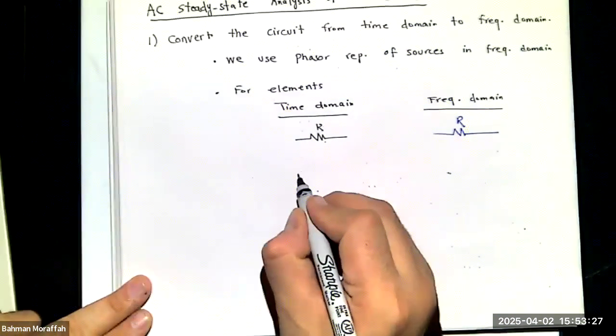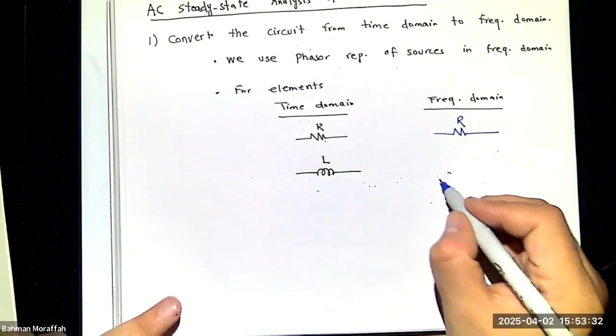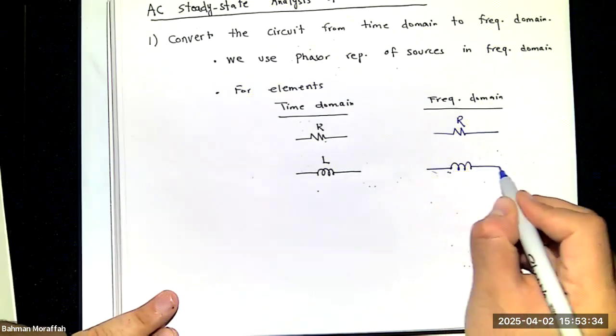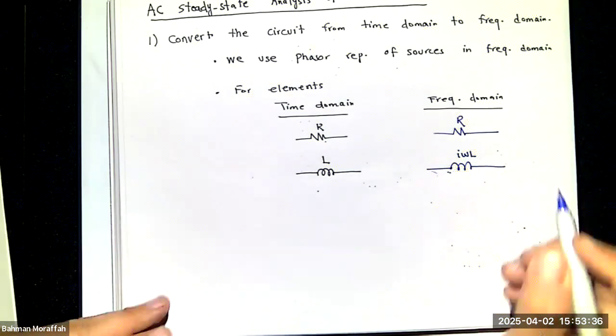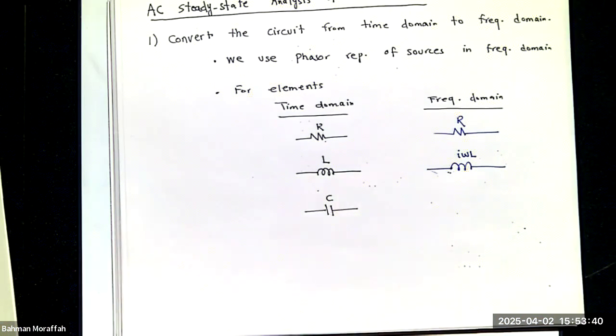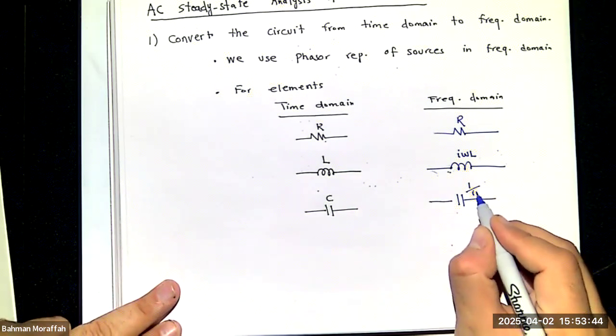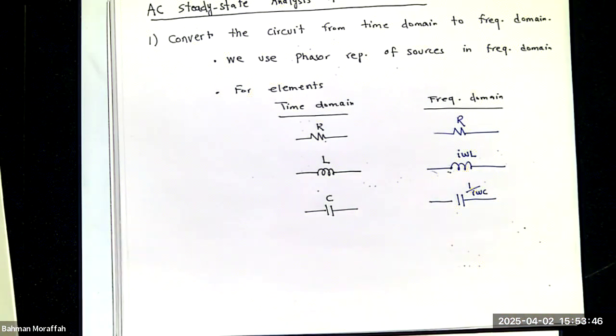An inductor in time domain becomes i omega L in frequency domain. A capacitor becomes 1 over i omega C.